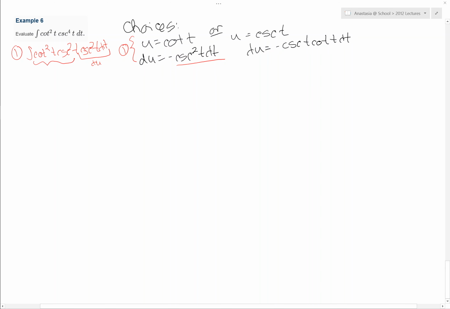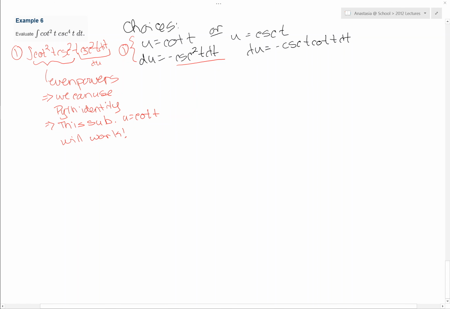Notice the rest of our functions have even powers, which means that we can use the Pythagorean identity, which means this substitution, which is u equaling cotangent of t, will work.